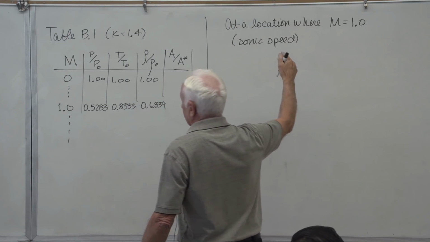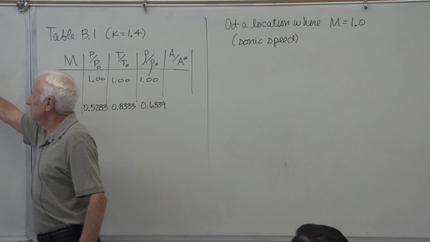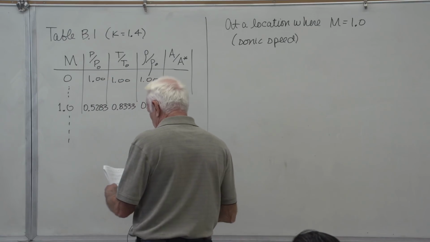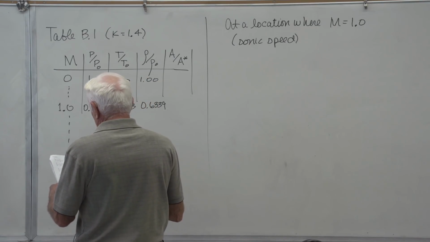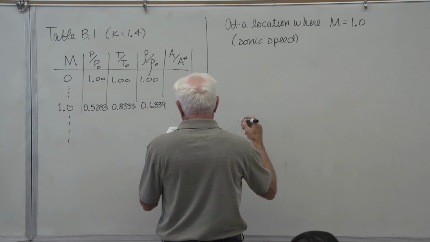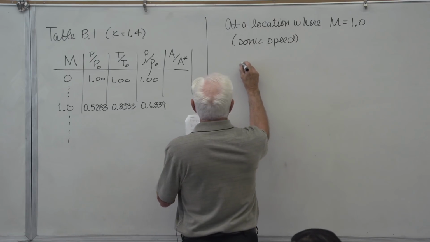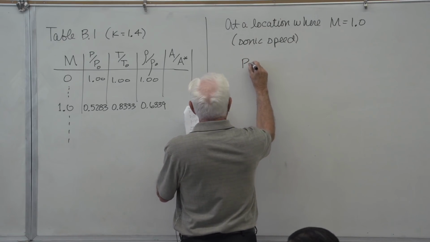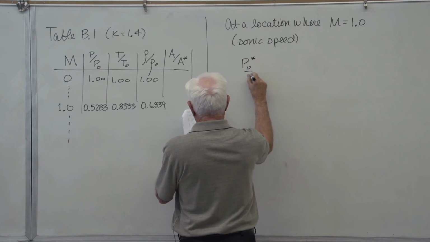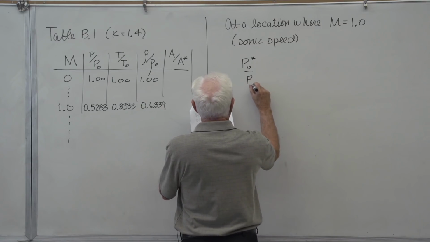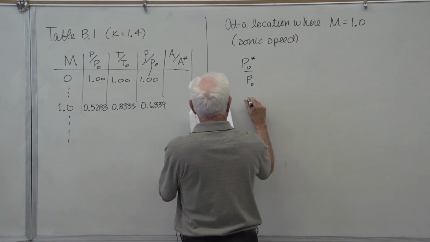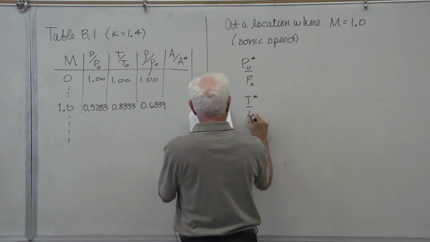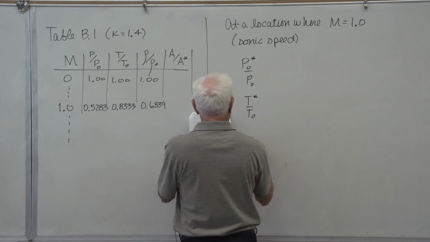At this point, the Mach number is 1, so you can go ahead and put those in; we'll leave them in terms of k first of all. P star over P naught, T star over T naught, and rho star over rho naught.